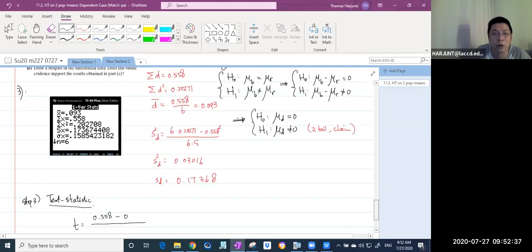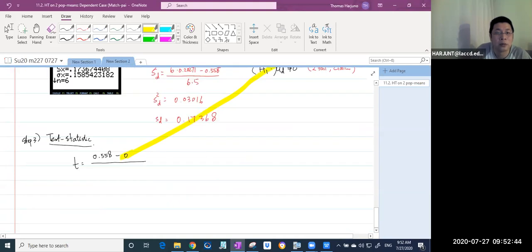That's the one we get from the null hypothesis, over 0.17368 over square root of 6. Such a big one. Okay, 7.86973.